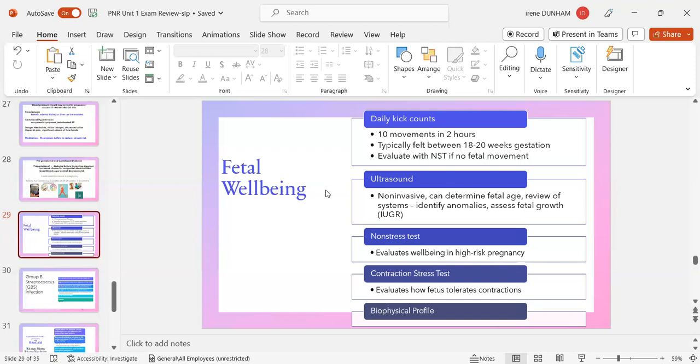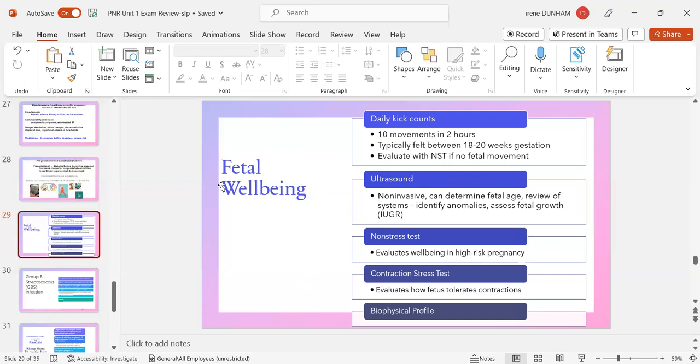Now, an NST, I think we go over this in the next chapter, so I won't go too far into this, but it's a non-invasive test. And so you just put an external monitor on, and what we're looking for is acceleration of the baby's heartbeat with fetal movement. Okay, so then we know the baby's okay.